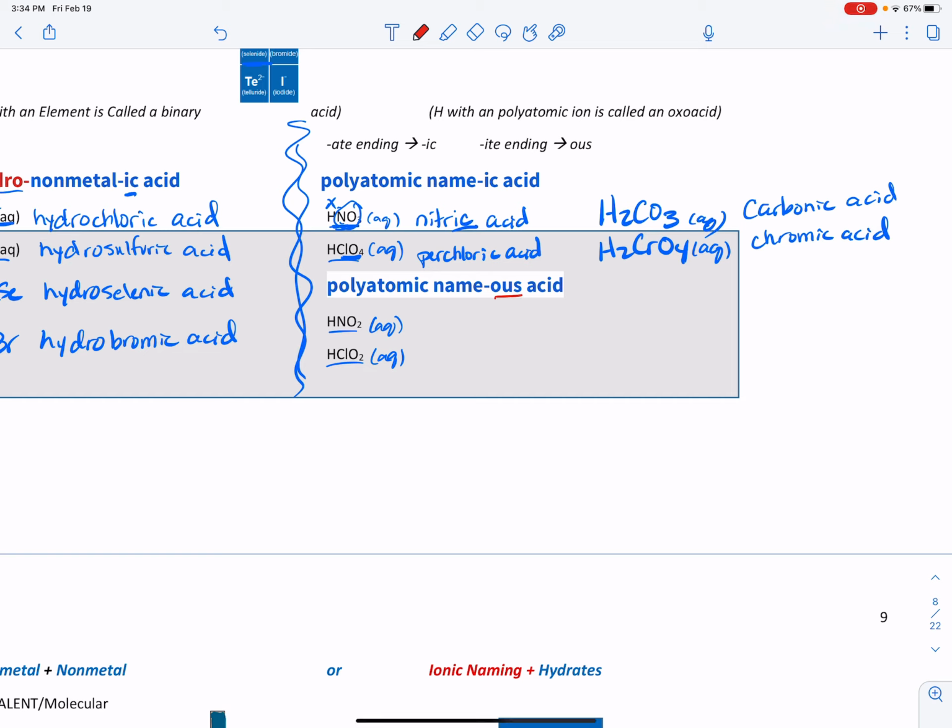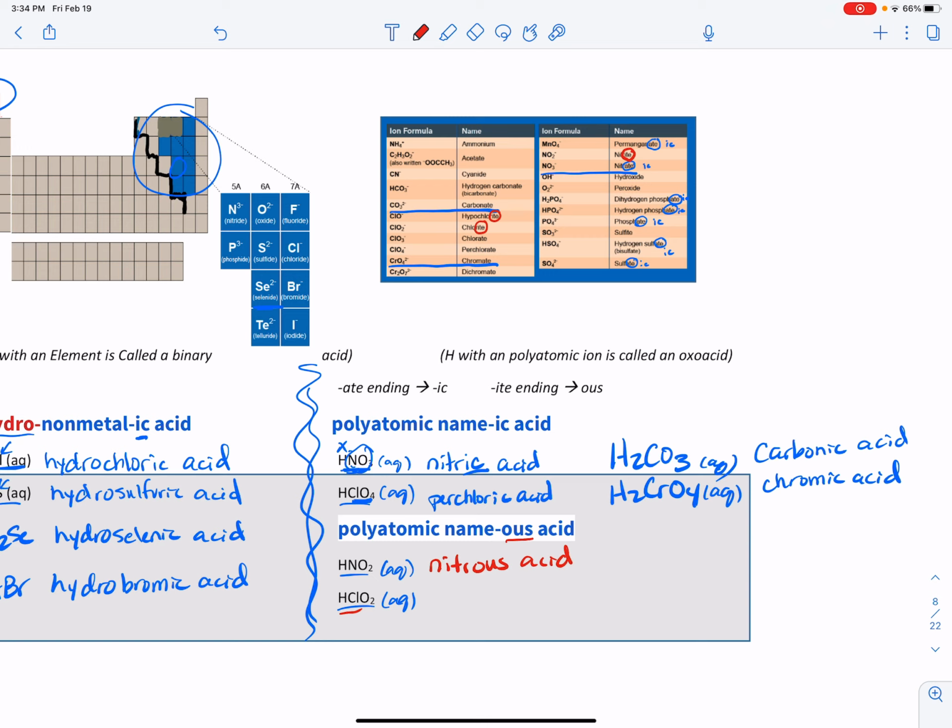It's weird. Sounds like a crazy naming system. Nitrous acid, because it was nitrite. Now you figured this one out. It's up here. And you should get chlorous acid.